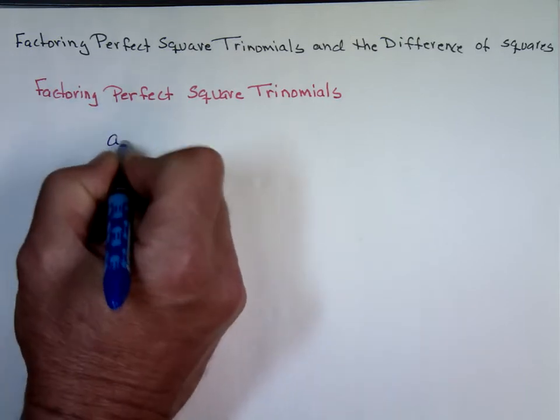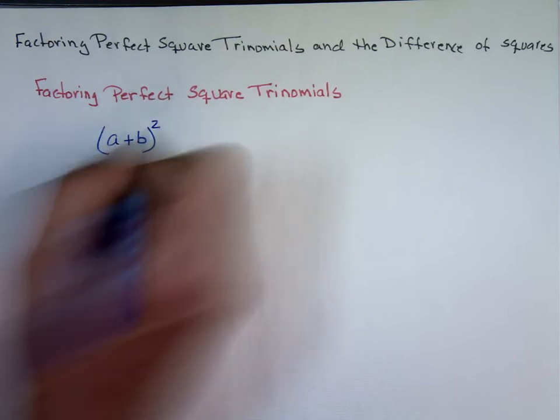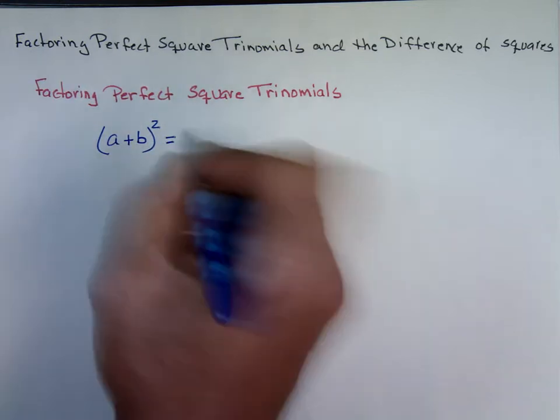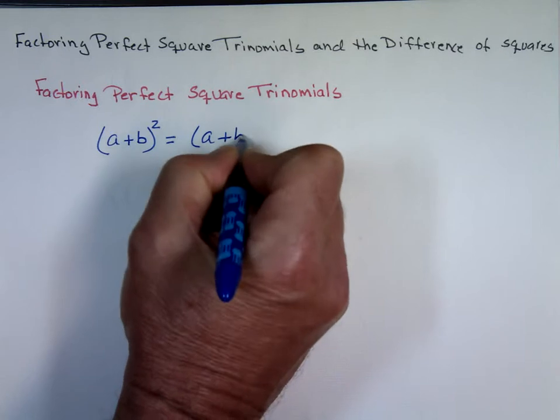If you recall, in the past we asked you to solve a plus b squared. And if you can't remember the outcome, just multiply it by itself. Use the FOIL method.